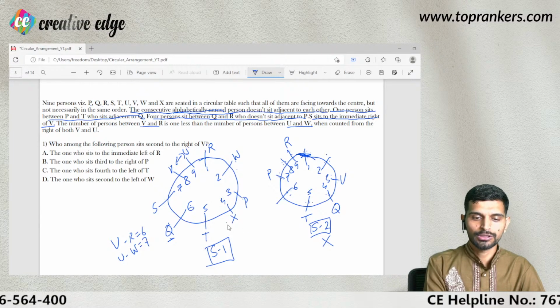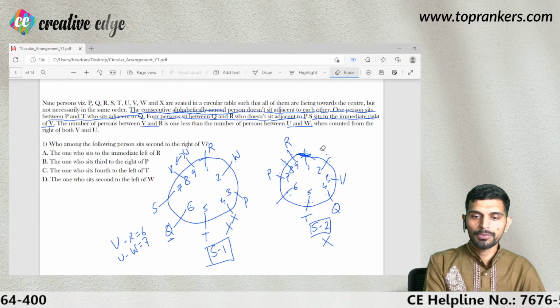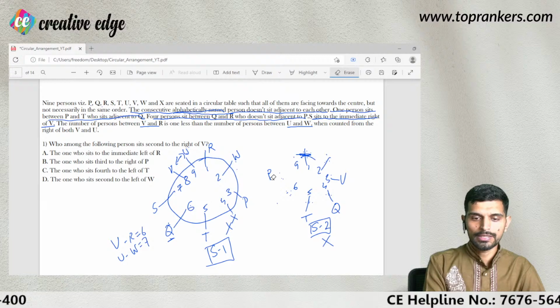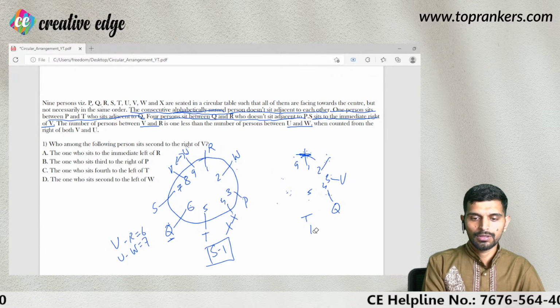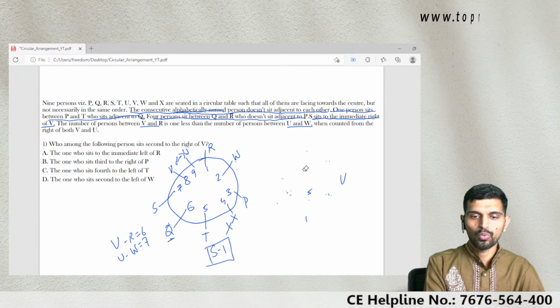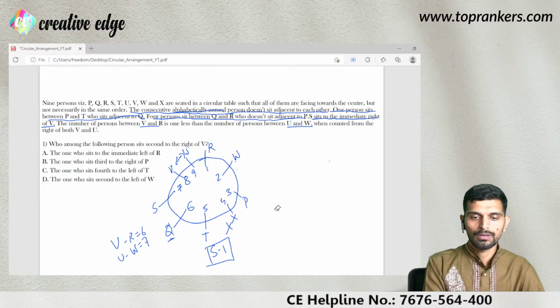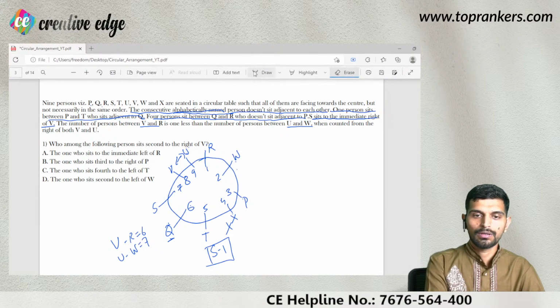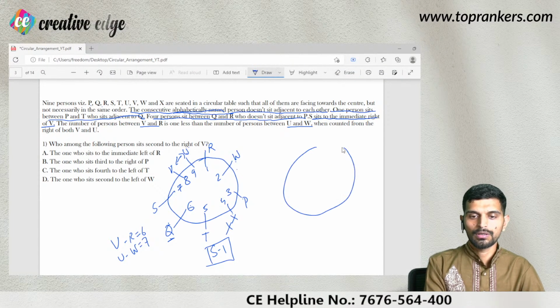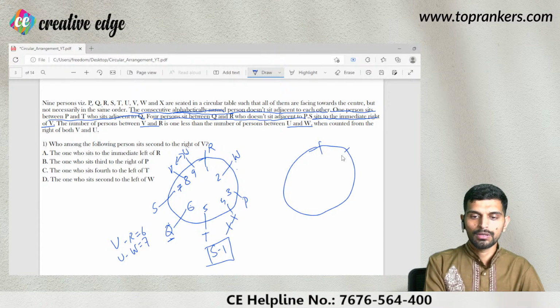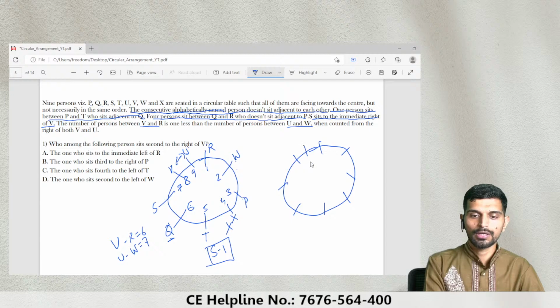So the situation one is wrong. The only possibility that is left in situation one would be one, two, three, four, five, six, seven, eight, nine.